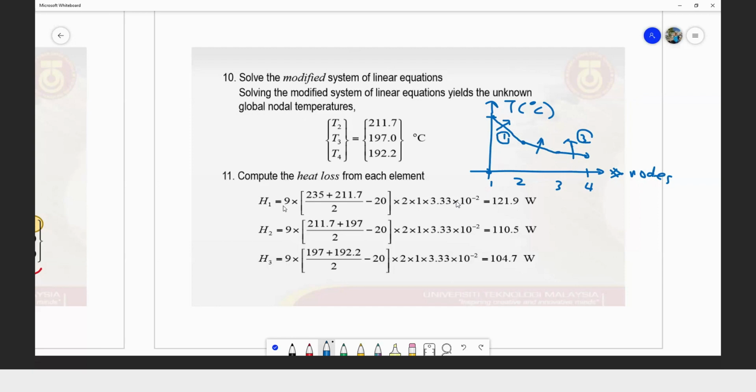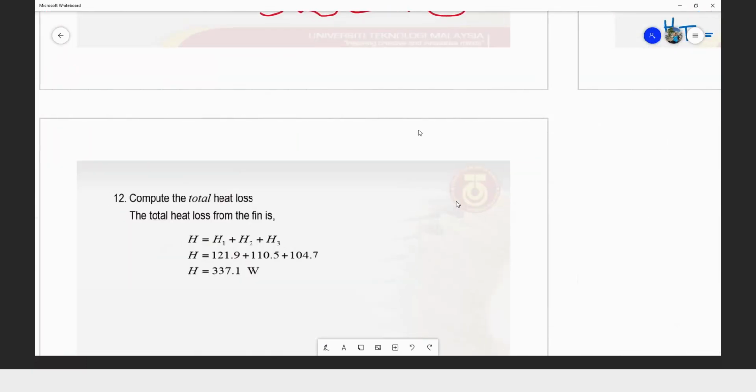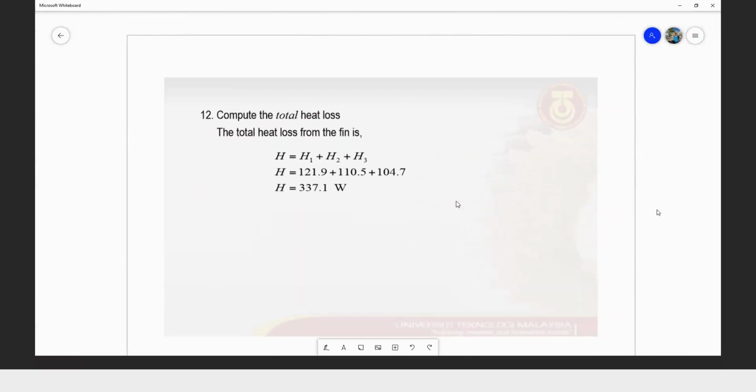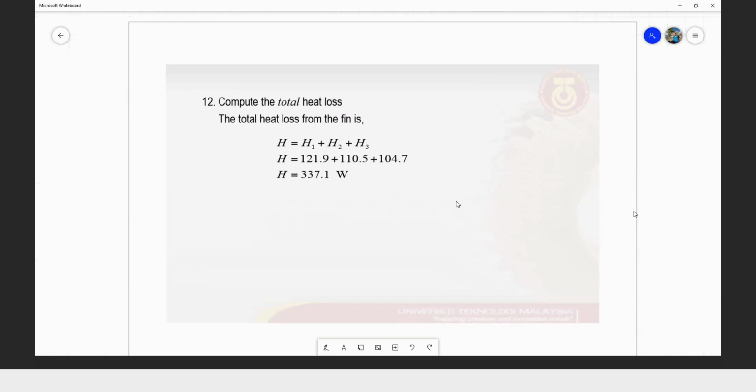So to get the total heat loss, we just add the heat loss for one element, which is the total adalah H1 tambah H2 tambah H3. This is the total heat loss.